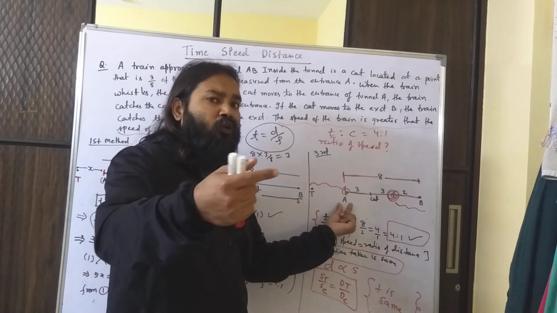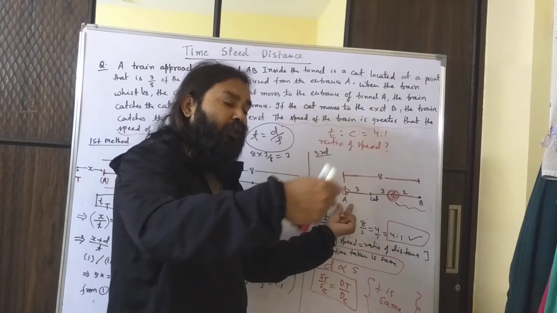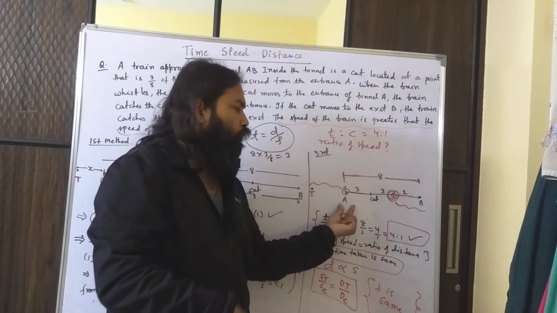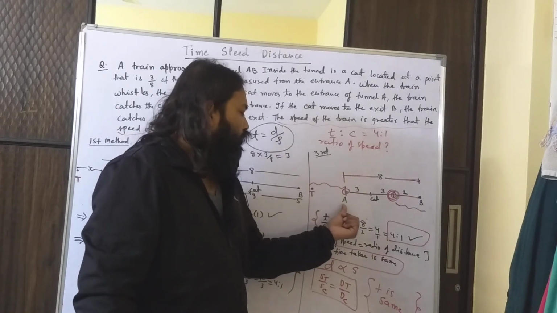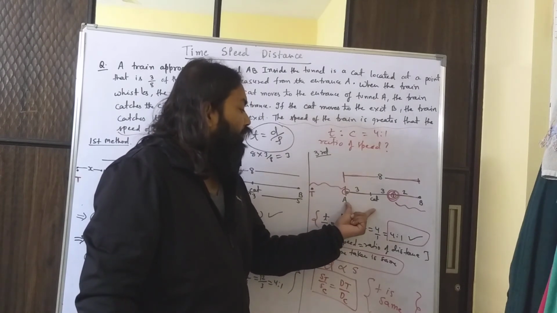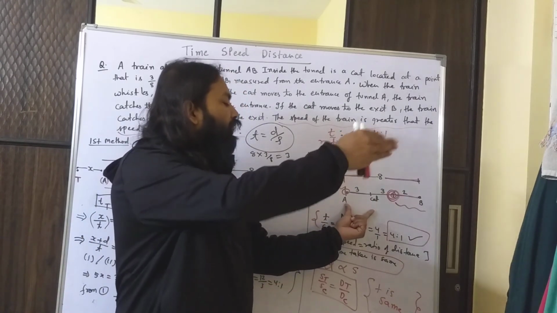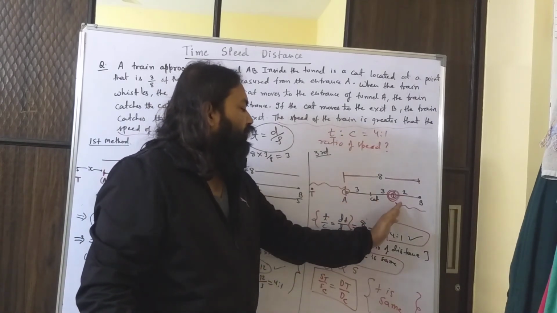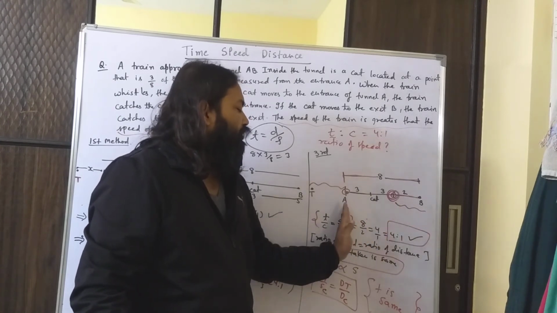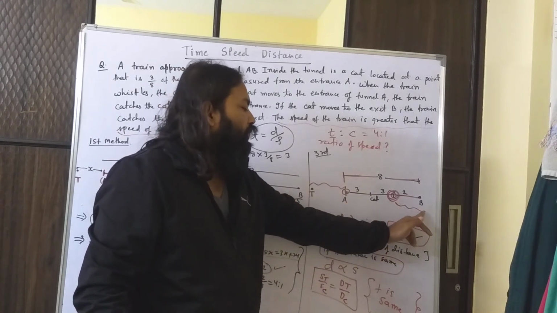But suppose the cat is not coming this side, the cat is going that side only. The cat is going towards the exit. So what will happen? Train has already reached A and cat, rather than coming 3 this side, has gone the other side. So cat is 3 plus 3, 6 away from A. So cat is 2 away from the exit.